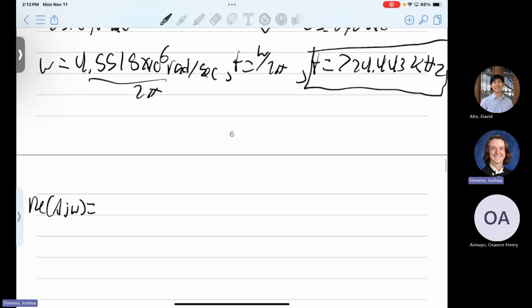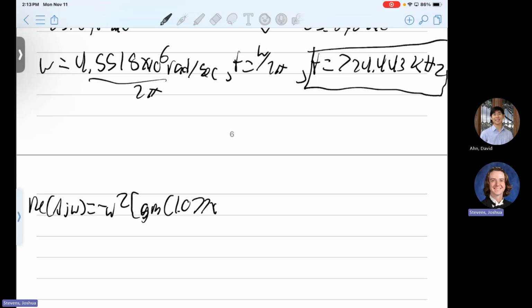negative omega squared times GM times 1.077 times 10 to the negative 9th plus GM 1.075 times 10 to the negative 9th.